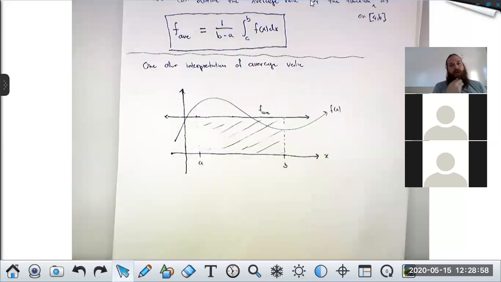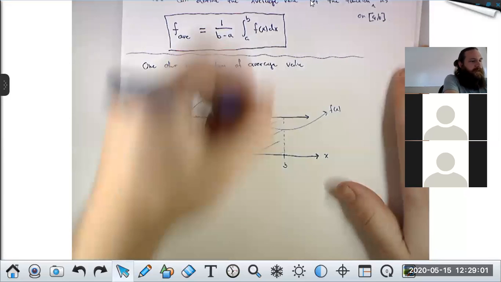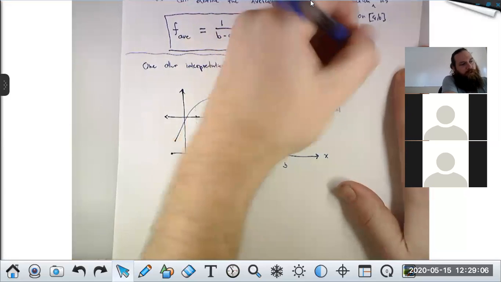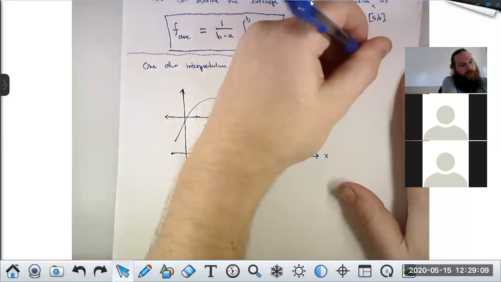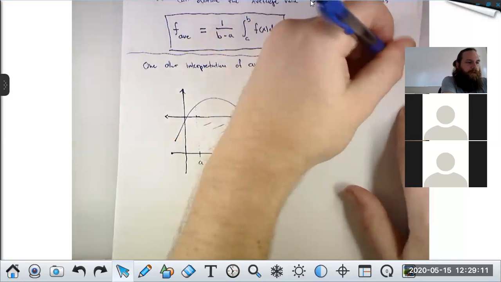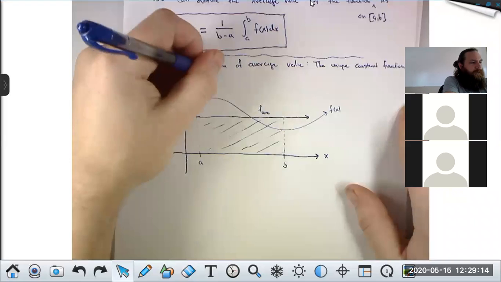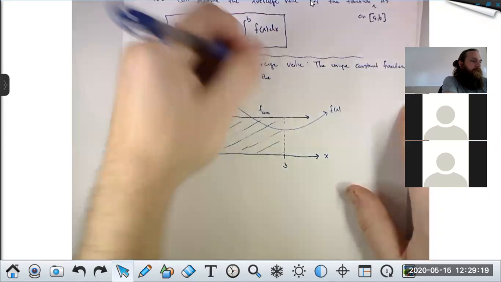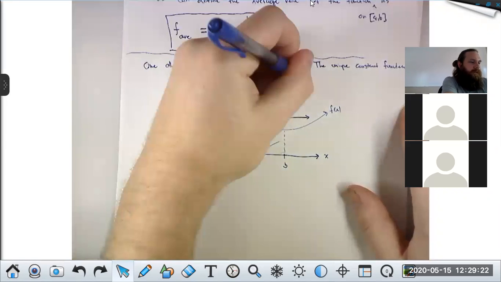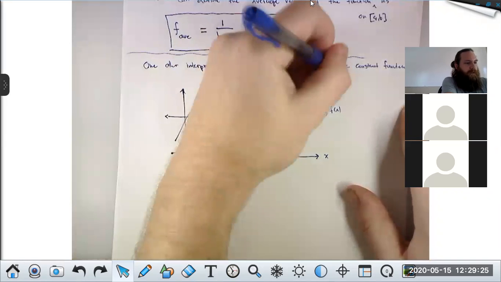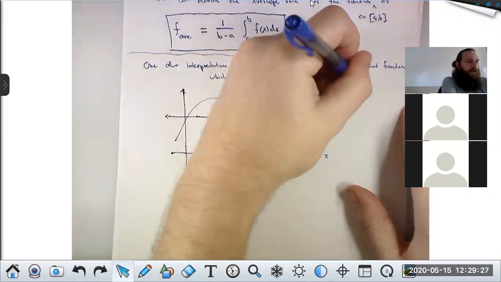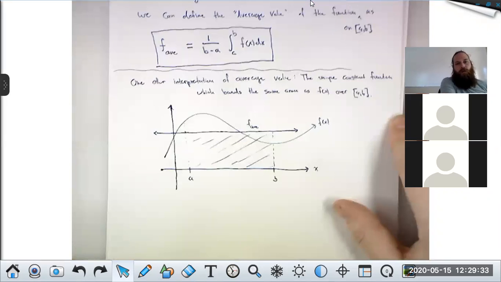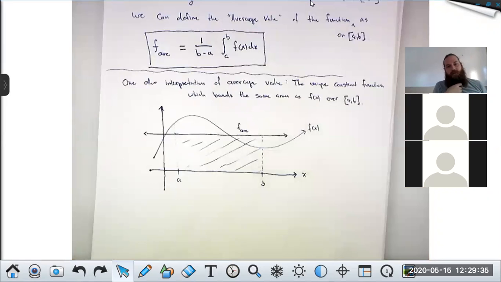But f av is a constant. So this is the unique constant function which bounds the same area as f over the interval a, b, which can be useful in more settings than just the physics setting.